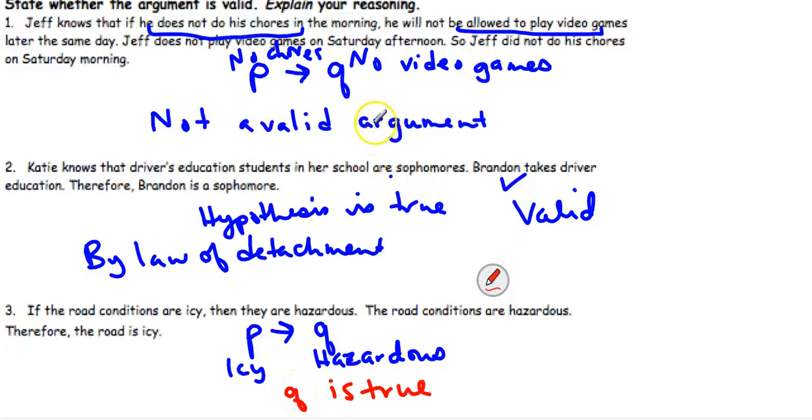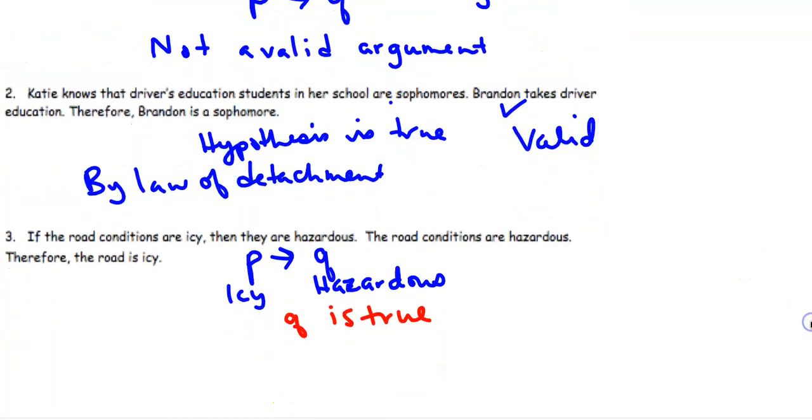Well, remember what we talked about up here. Just because Q is true does not mean it's because of the hypothesis. So this is actually another invalid argument. And what I always like to think about is, what else could make the roads hazardous? Does it have to be icy to be hazardous? No. You could think there is an accident, there's a spill, there's rain, there's potholes.